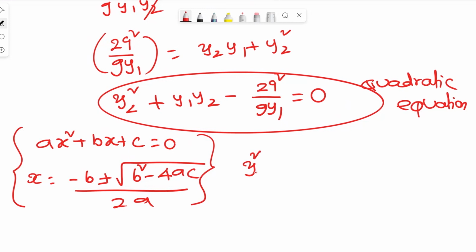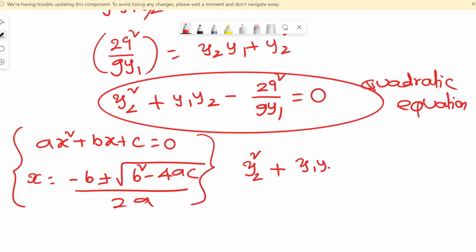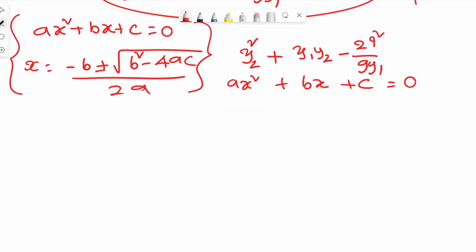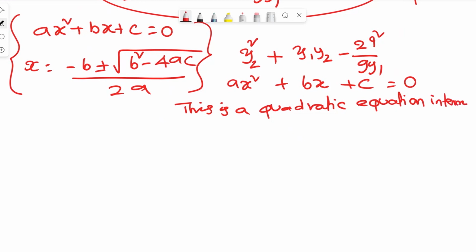It is y2 square plus y1 y2, minus 2q square by gy1. So this is ax square plus bx plus c is equal to 0, a quadratic equation in terms of y2.